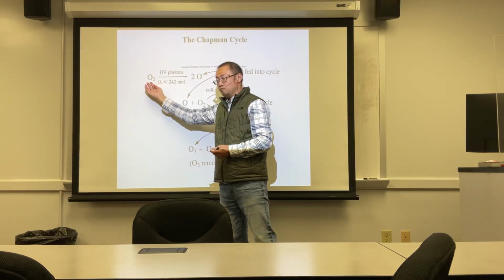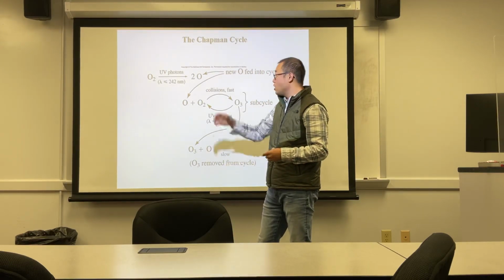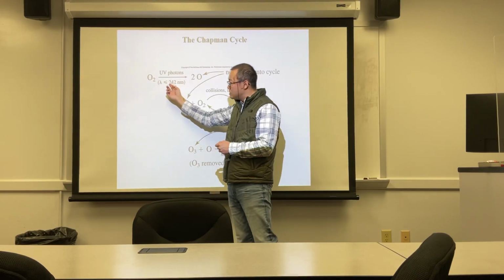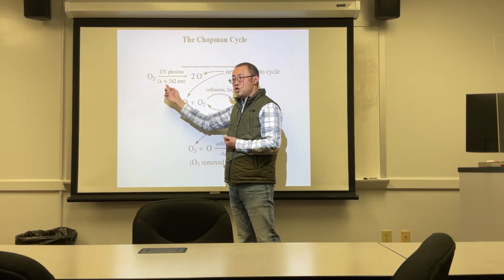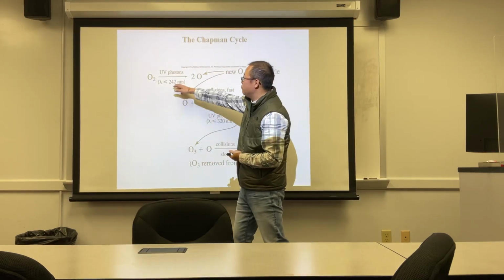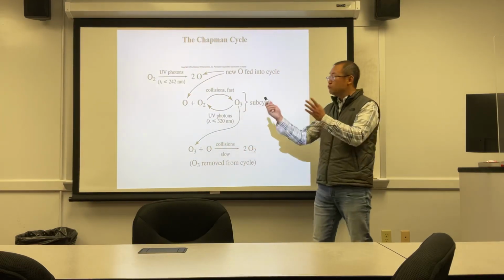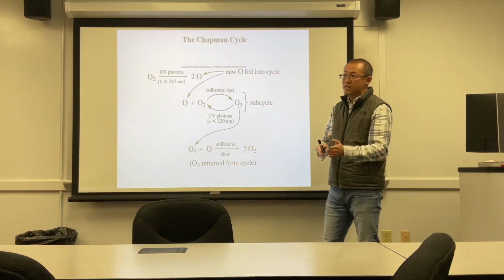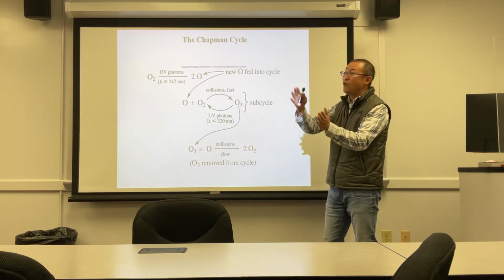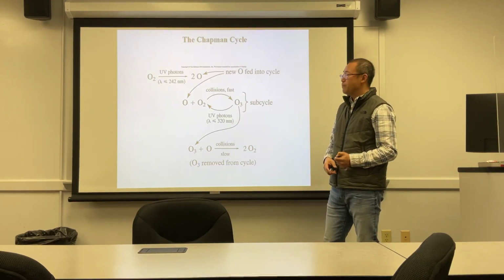To break oxygen molecules, the UV used is high energy UV. You can see the wavelength is lower than 240, and we know lower than 250 is UVC. UVC is between 200 and 280, so lower than 240 means very high energy UVC, the highest energy of all the UVs.